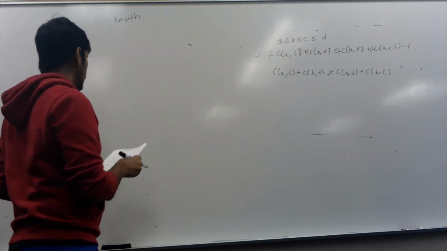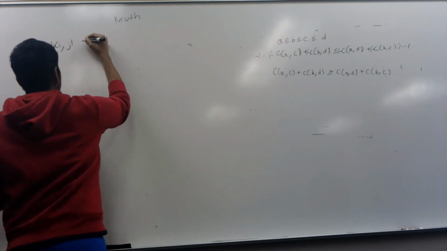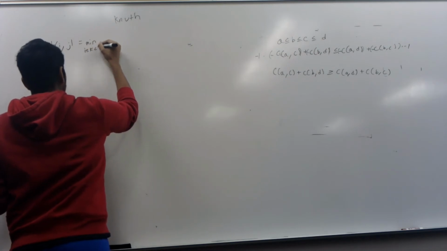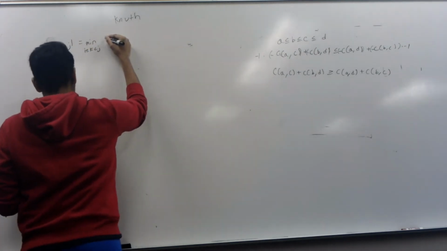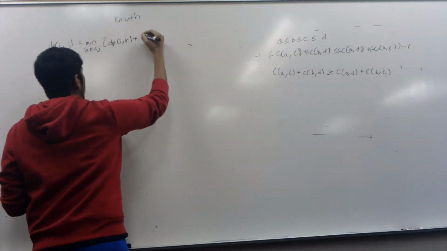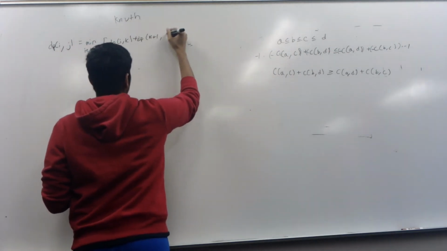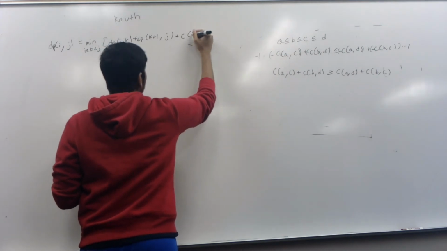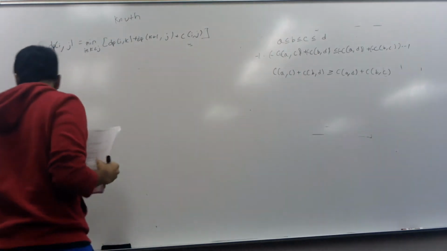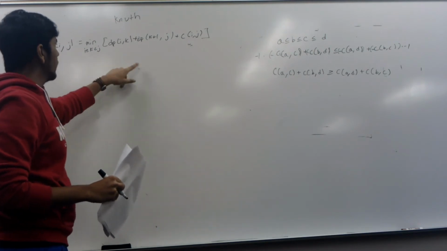So for Knuth optimization, we have the recurrence dp of i to j equal to min over split points. This is the recurrence we're trying to solve, and this form comes up a lot.